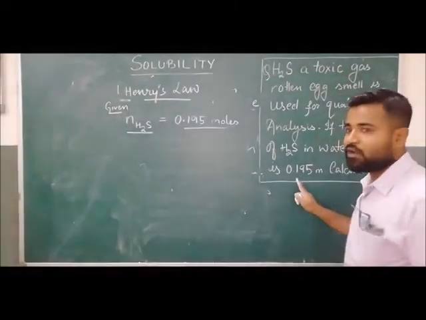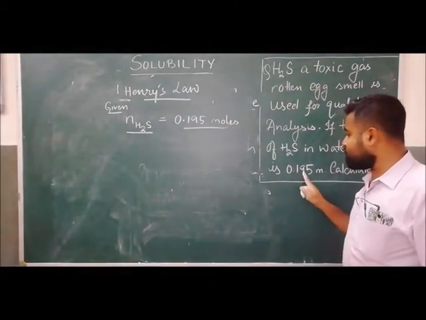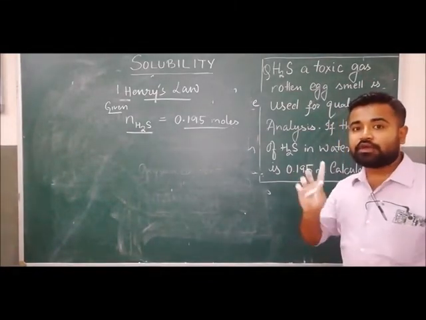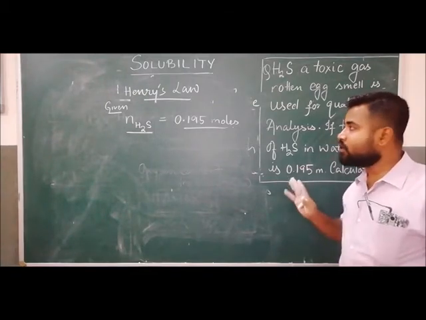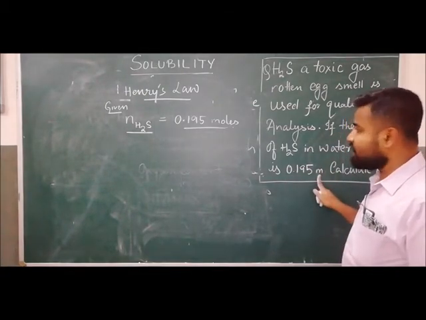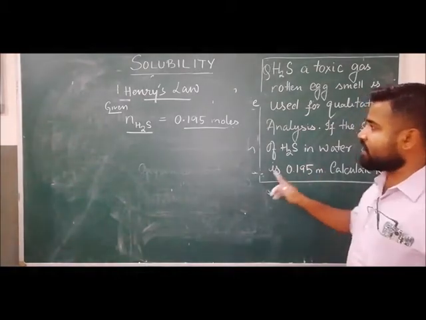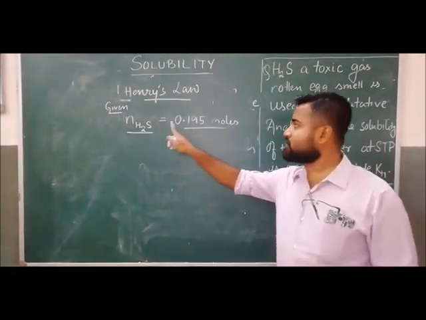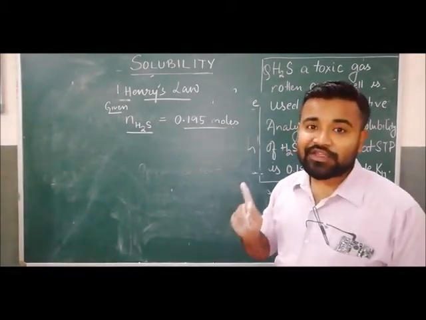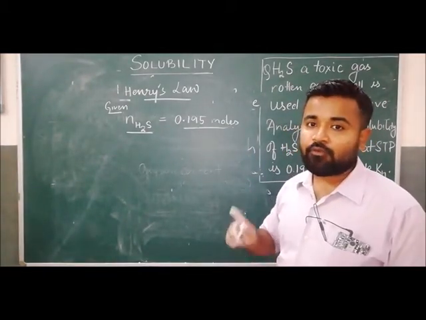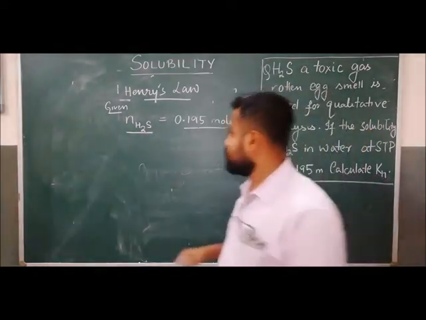Because molality means 0.195 mole in 1 kg of solvent, or 1000 gram of solvent. That's why from the molality value we can write that the number of moles of H2S is 0.195 mole if we take 1 kg of water.